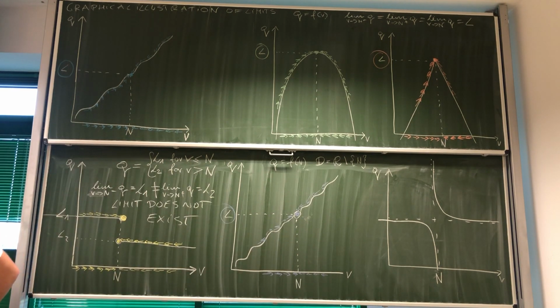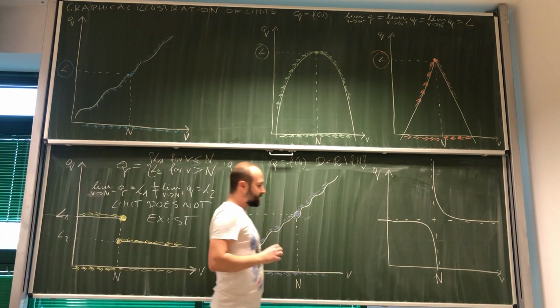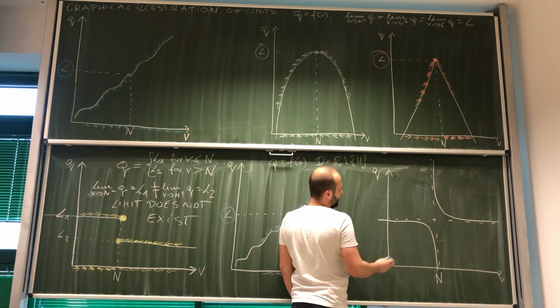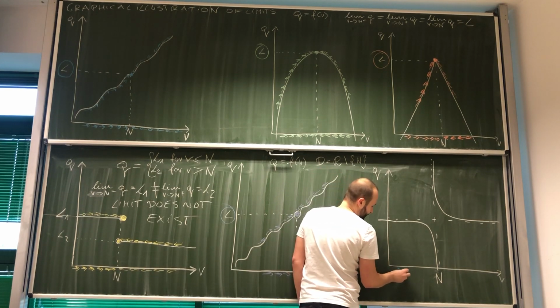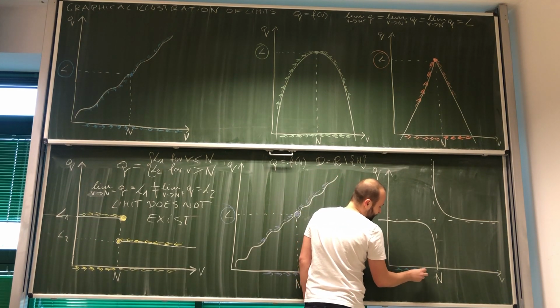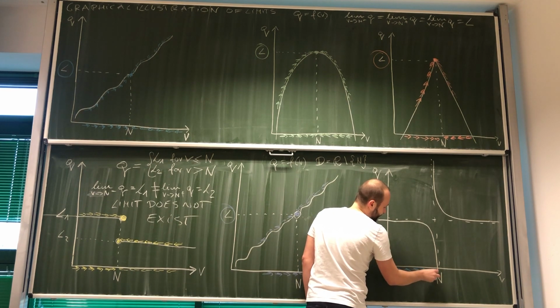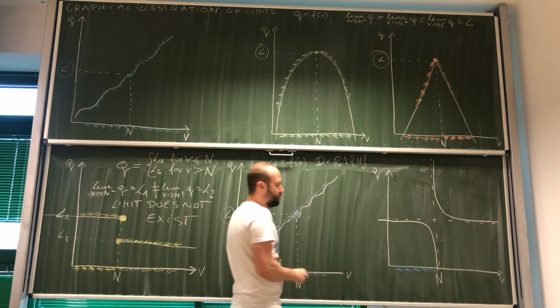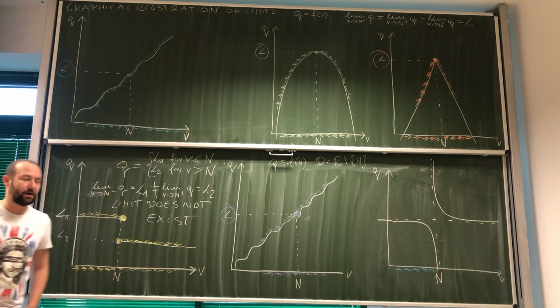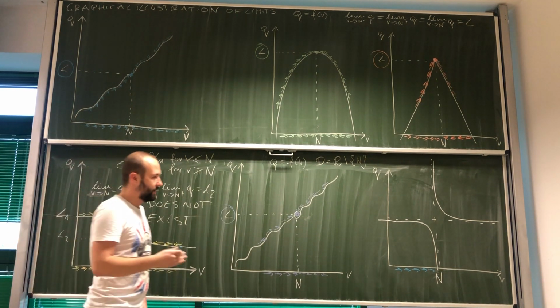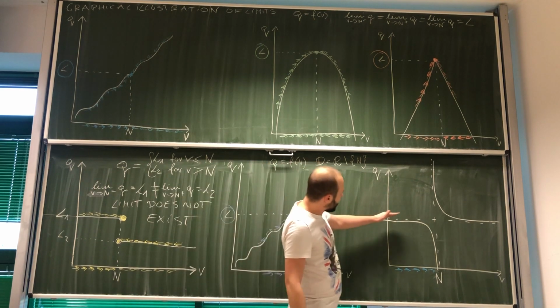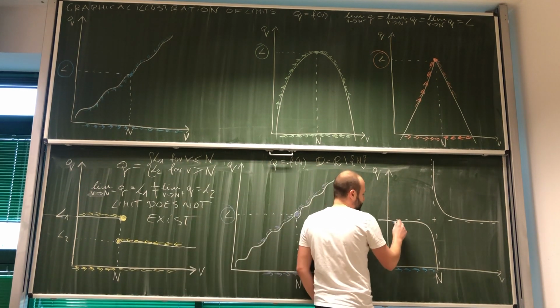Okay, so first, let me start by evaluating the limit of this function at n from the left side. So when v is getting closer and closer to n, but from values lower than n. Now we can look at what is happening to the function.